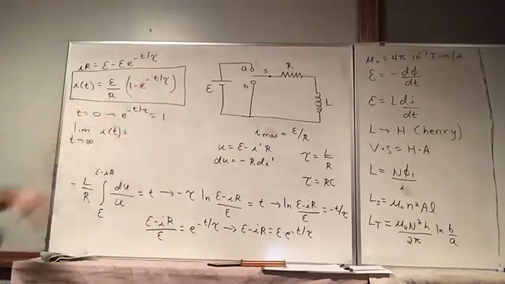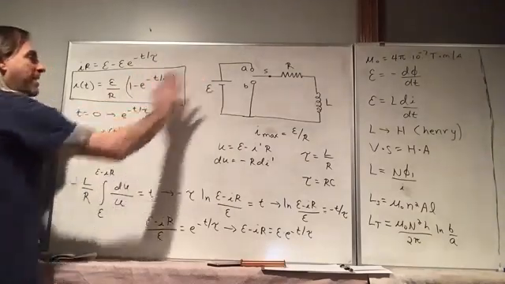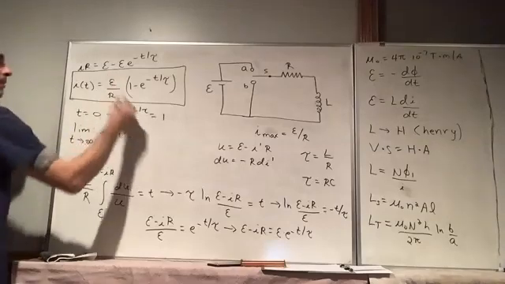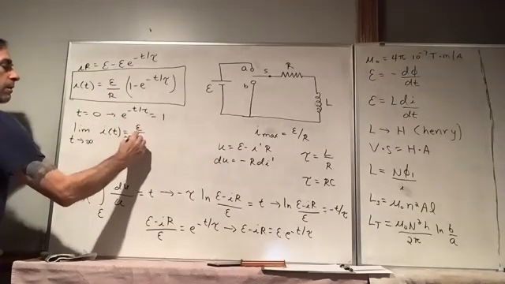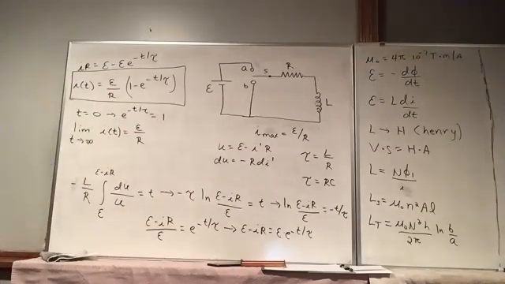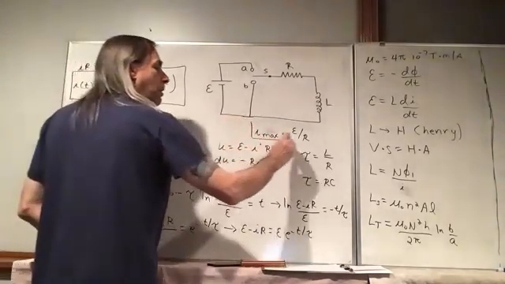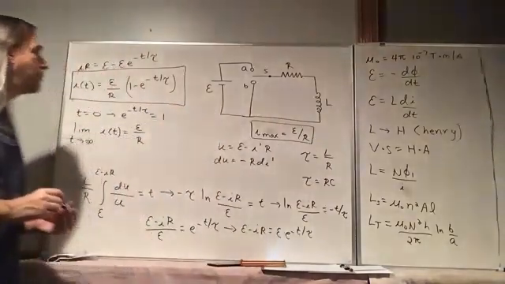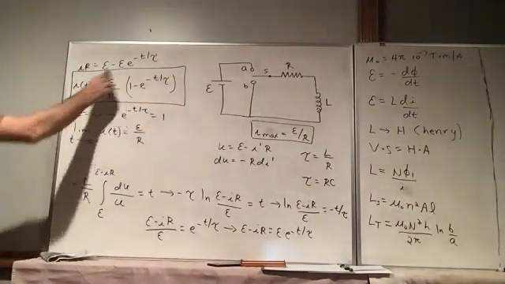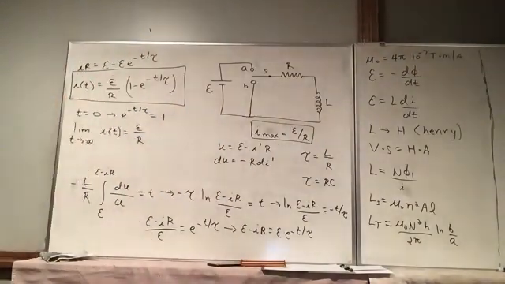So for large times, we can say that this whole term is insignificant, and then we just get epsilon over R, which is our maximum current, which is what we said over here. Our I max is epsilon over R. So we could replace this with I max.